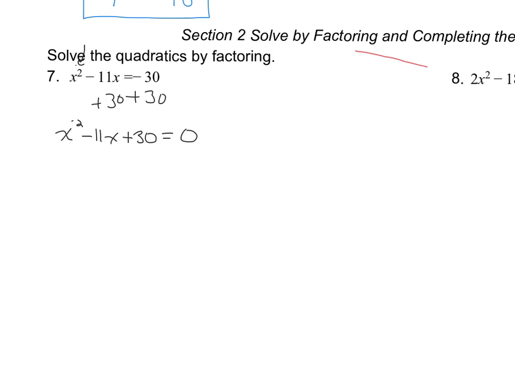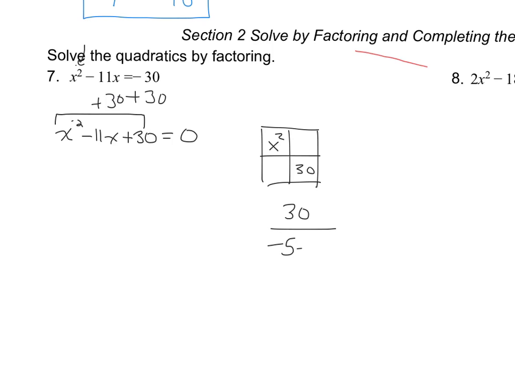So now I want to see, can I factor this polynomial? It is a trinomial, no GCF, so we can do it kind of the long way where we do our rectangle, looking for two things that multiply to 1 times 30, which is 30, but add to negative 11. So those are pretty easy. That's negative 5 and negative 6. Those multiply to positive 30 and add to negative 11.